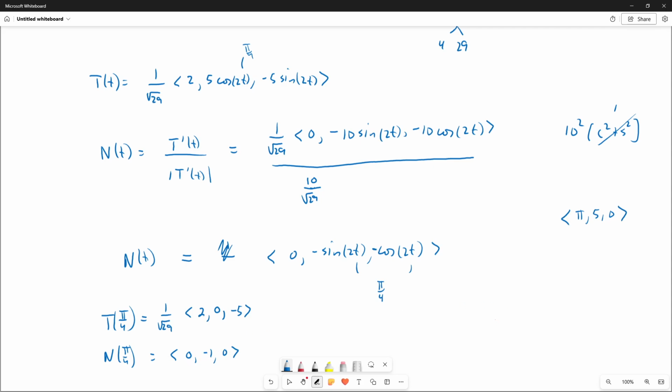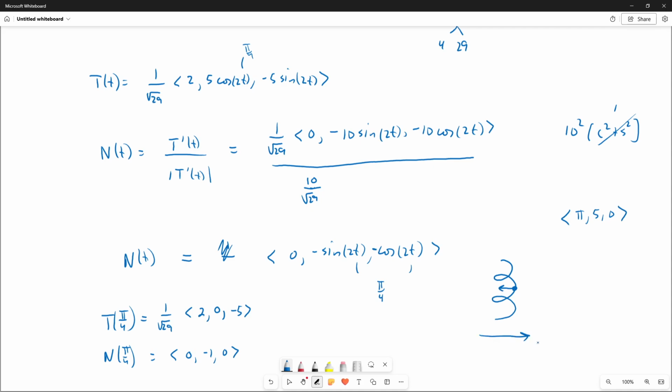So the helix is going around, and at a certain point, the vector here is pointed in the opposite direction as the y-axis.